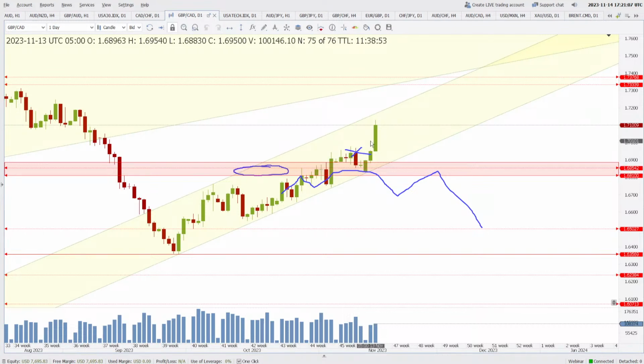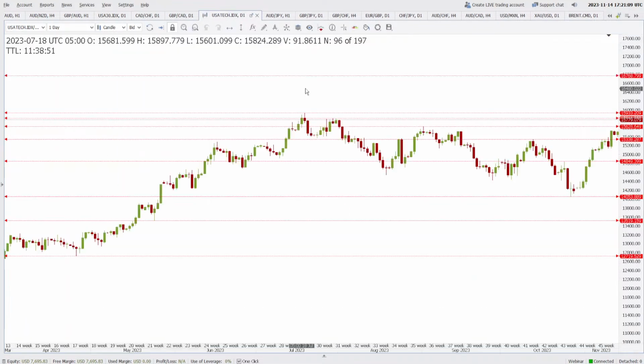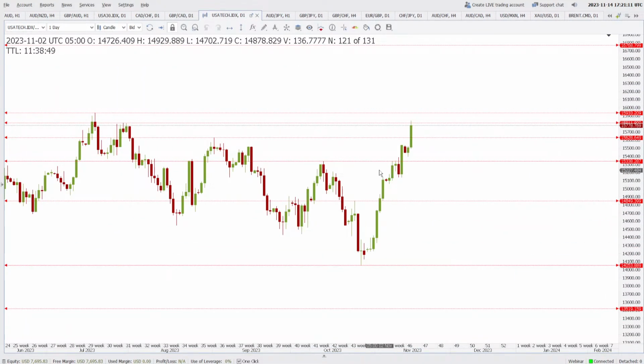So yes. All right, USA Tech had given us a hint that it is going higher. That hint was given on 10th of November. Now it has made the target of 15,811. Now the upside target of 15,933 is exposed in this market.